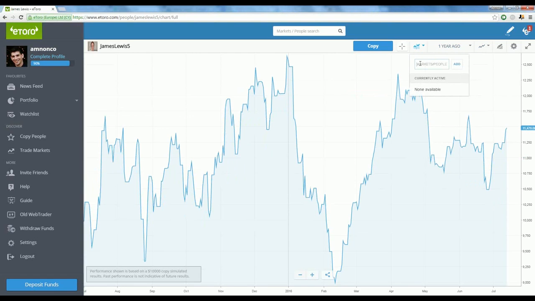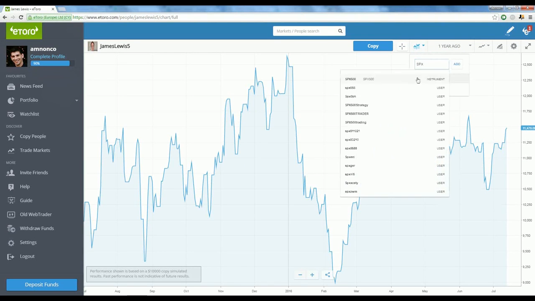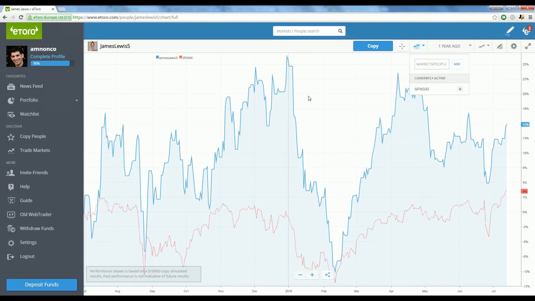Let's compare James Lewis to, for instance, the S&P. This is the return of the S&P. The S&P did 4% this past year, and James Lewis did 15%.